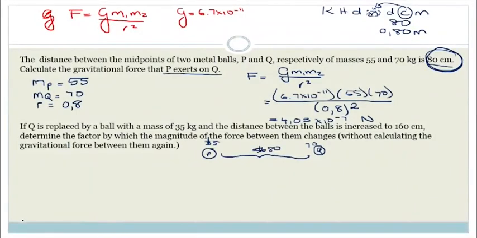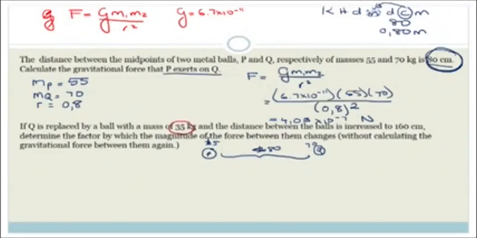Now they're saying Q is being replaced by a ball of mass 35 kgs, but the distance between them is increased to 160 centimeters. So do you agree that the new distance is here? Okay, it's now 160, and the new Q is 35.